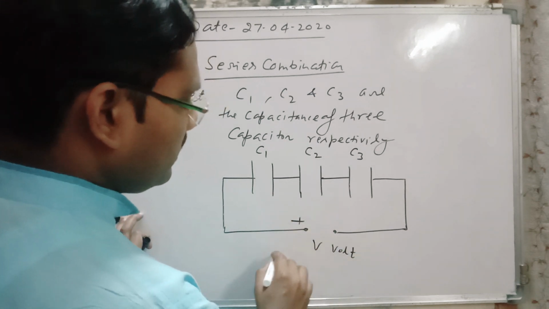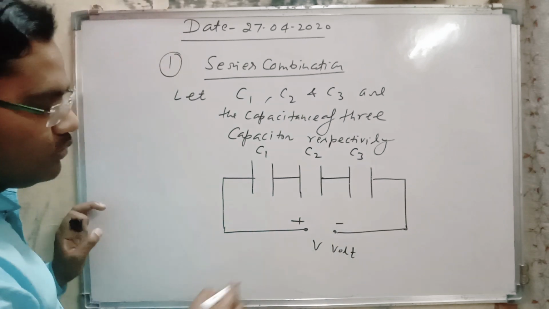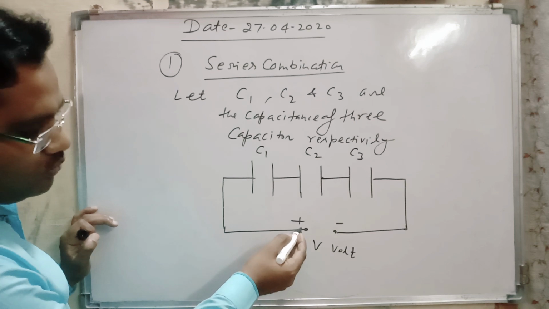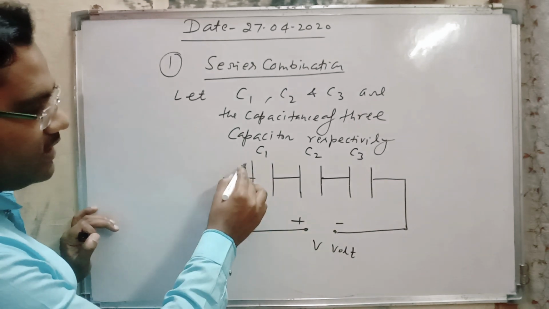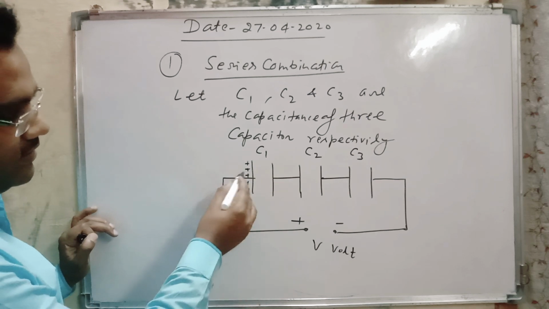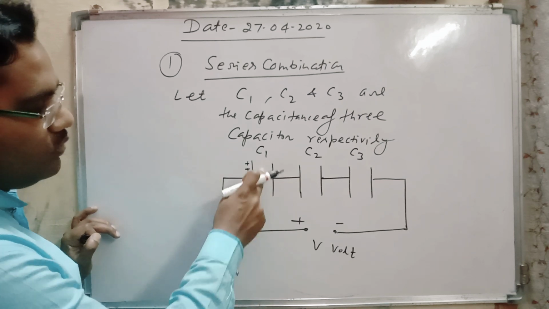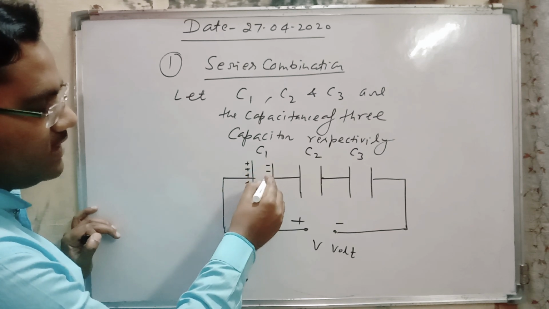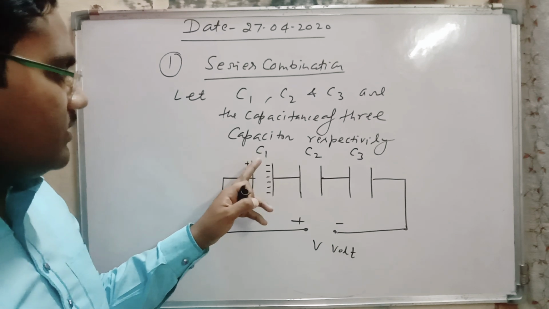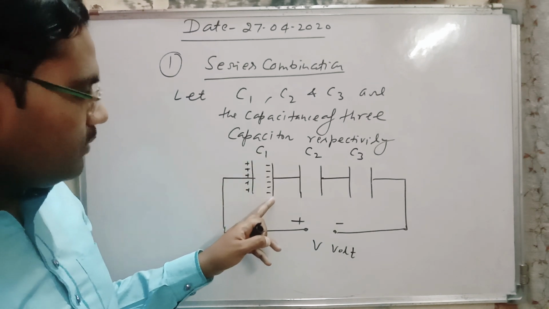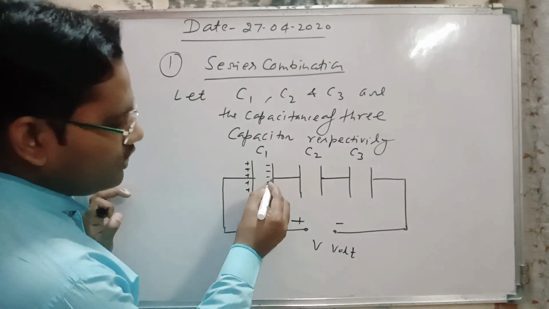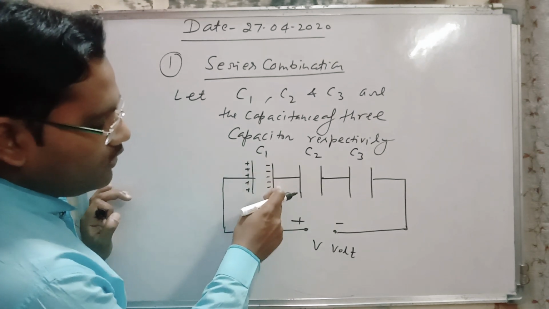Now here this terminal is positive, this terminal is negative, then what happens? This one is a conductor, this one is a conductor. Through the conductor, positive charge transfers to the first plate of the first capacitor, and due to induction the inner face of the second plate of the first capacitor becomes negatively charged, and due to induction the outer face becomes positively charged.